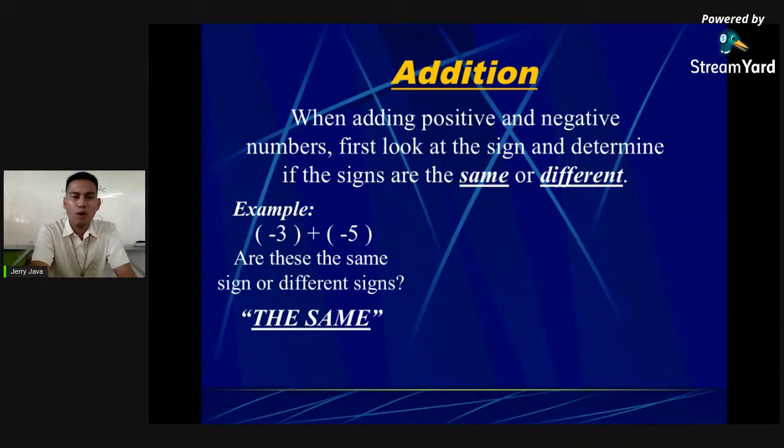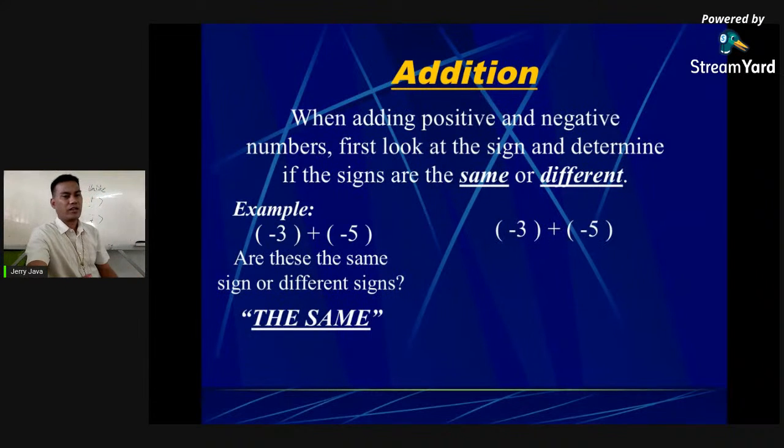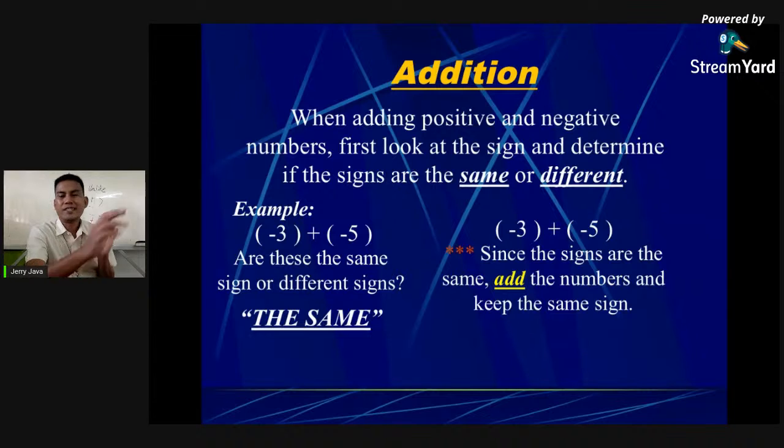Why? They are both negative integers. Then what are we going to do next? Pag nalaman na natin na pareho silang negative, since the signs are the same or like signs, we are going to add the numbers and keep the same sign.